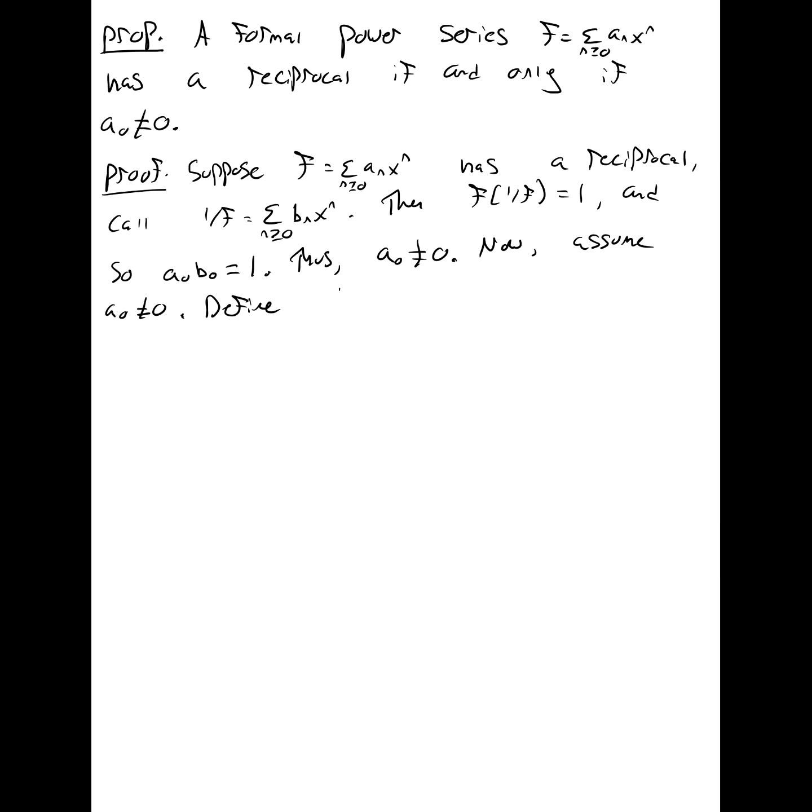We're going to define b_n to be equal to -1 over a_0 times the sum from k equals 1 to n of a_k b_{n-k}. And I won't show this, but this is going to be the sequence that's going to explicitly define the reciprocal.